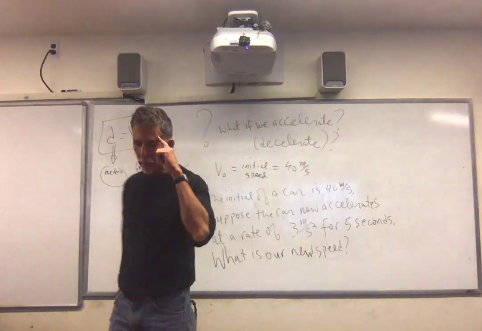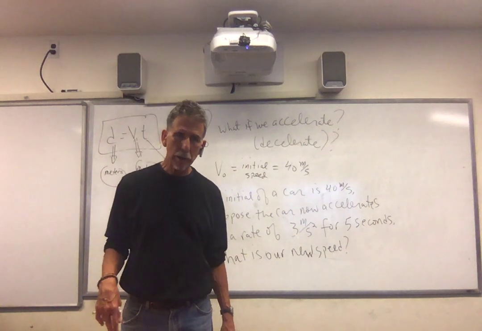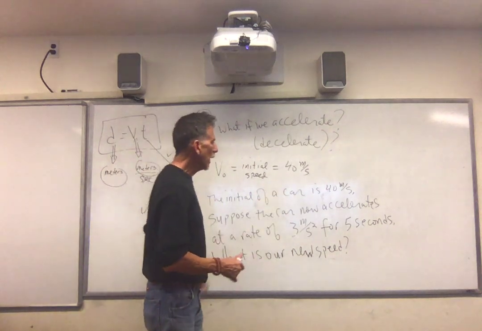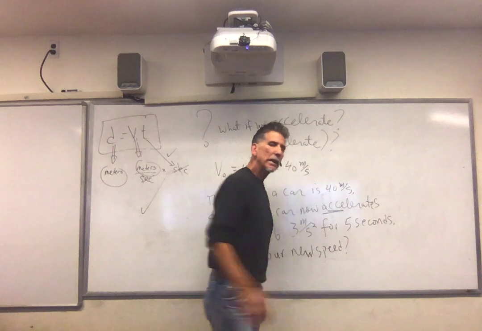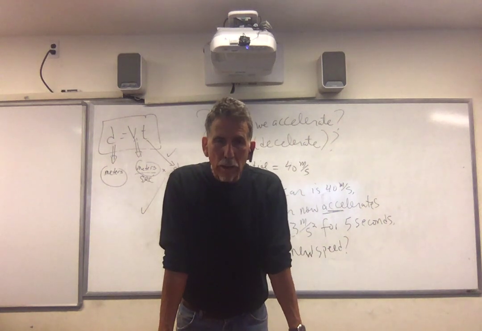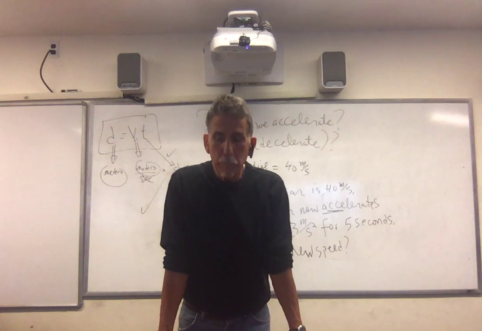Now I want everybody to listen, pay attention, okay? Because on an exam, if you get a problem like this, I want you to see the initial speed is 40. If we accelerate means we're going faster. So that means the final answer should be, better be, greater than 40 meters per second.